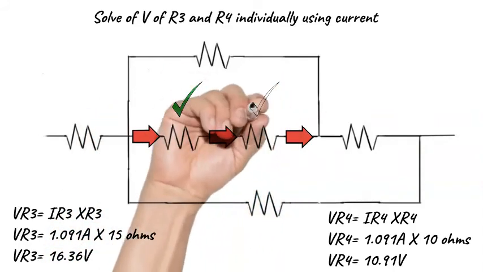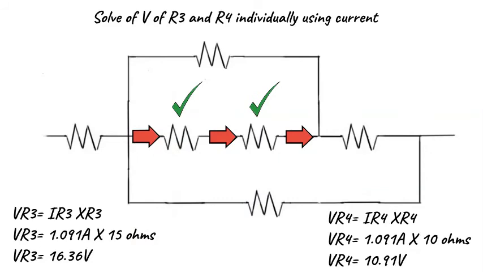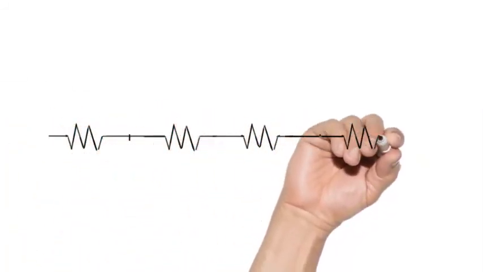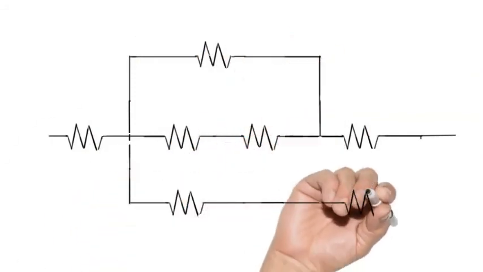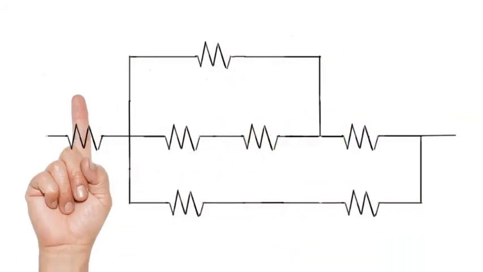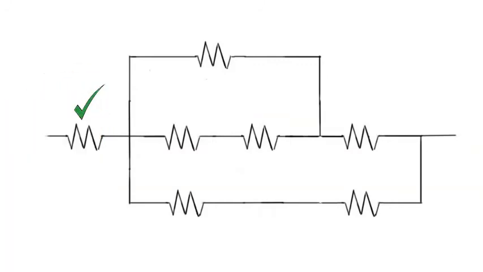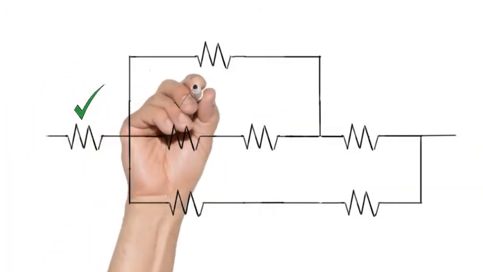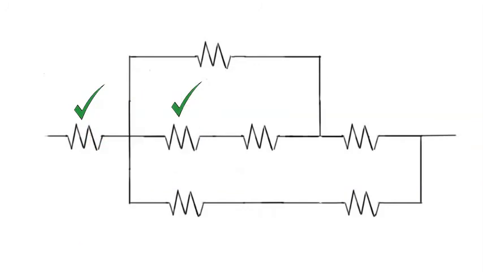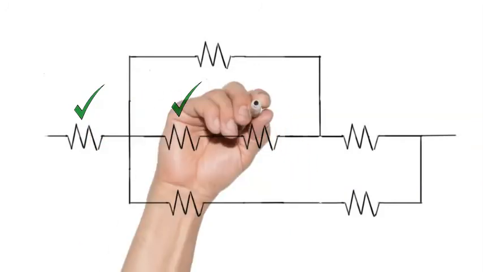Our final step is going to be solving for the volt drops across R5 and R7. We can recognize here that we have indeed found the volt drops, the current values, and indeed we had the resistance of each one of the other resistors.